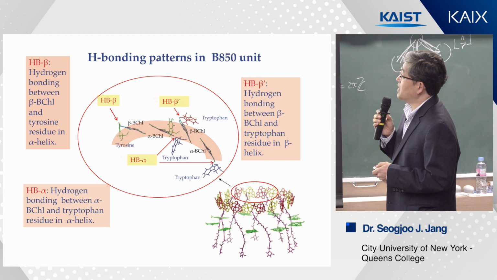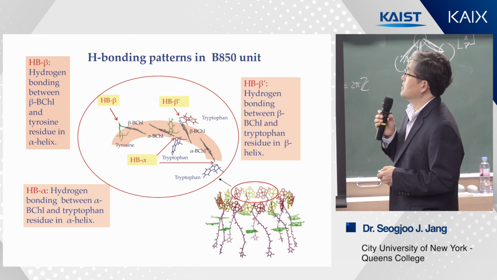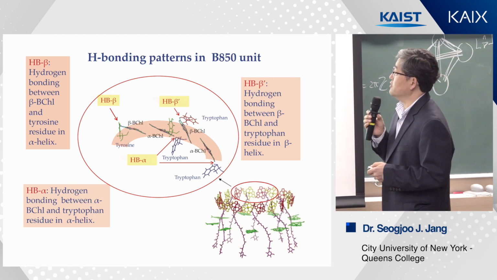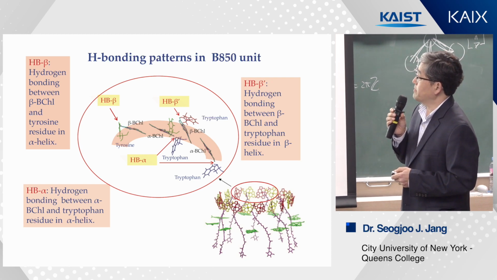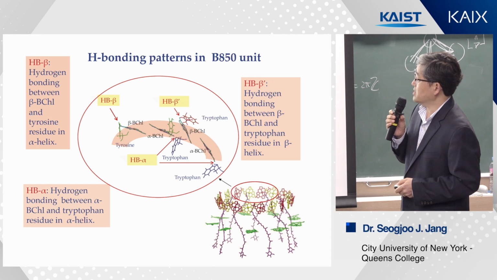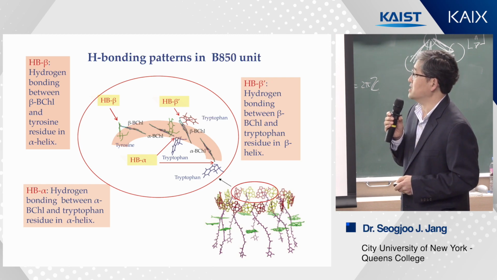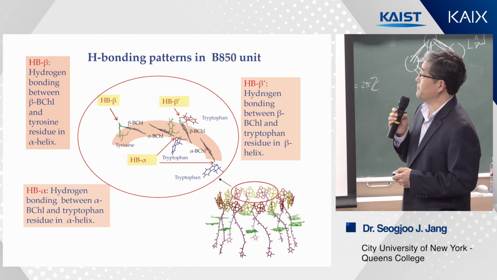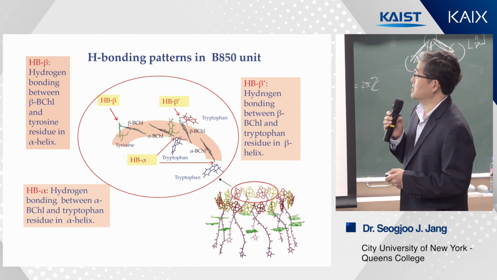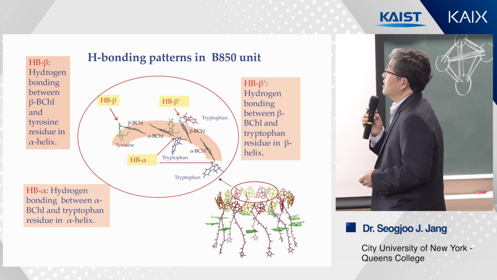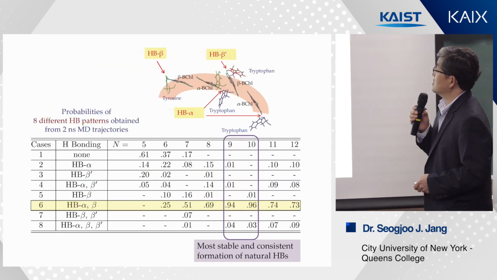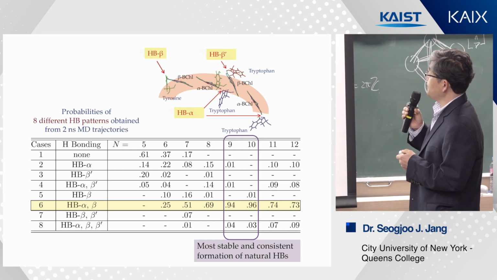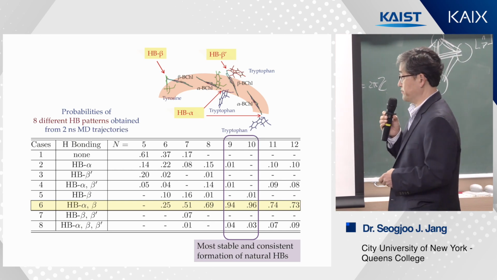For example, for the alpha type of bacterial chlorophyll, there is a hydrogen bond between the tryptophan unit and the acetyl unit of the bacterial chlorophyll. Let's call that hydrogen bonding alpha. For the beta type, there are different kinds of hydrogen bonding. Based on the simulation results for non-natural systems, we were also able to identify different types of hydrogen bonding.